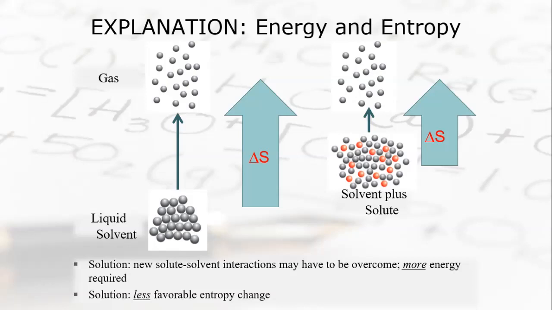They are not in a position where the entropy change favors vaporization that much, and therefore, between the extra attractions in the solution and the less favorable entropy change, you can see where less of the solvent molecules will vaporize, and as a consequence, you will have a lower vapor pressure above the solution.